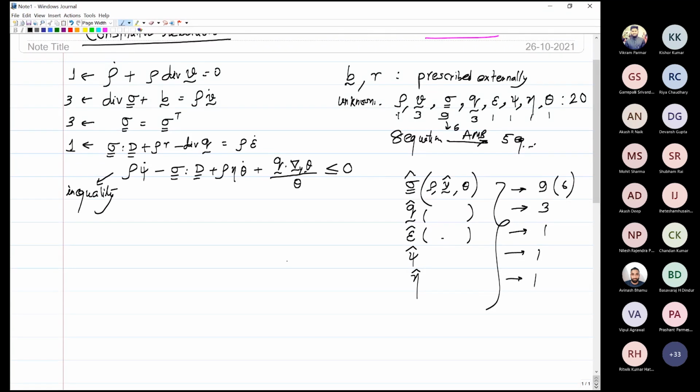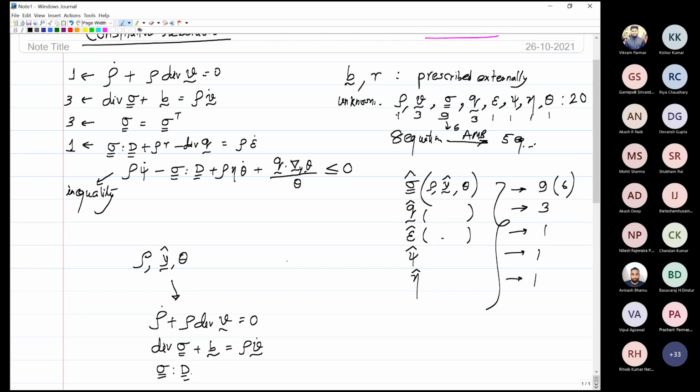The basic unknowns are rho, y hat, and theta. Once the constitutive equations are prescribed, the basic unknowns are just rho, y hat, and theta. And the equations which will be required would be the continuity equation, then the linear momentum balance, and finally the energy equation.